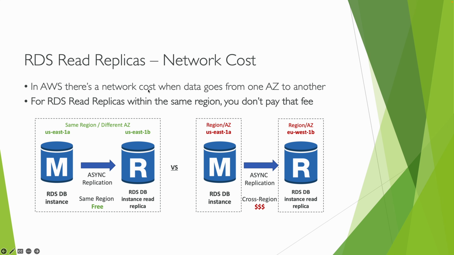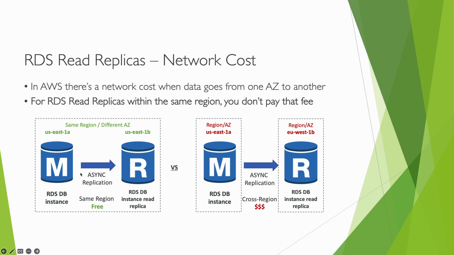Whenever there are two availability zones within the same region, for example US East 1A and US East 1B, these two availability zones are in the US East region. Replication means the data in the master is transferred to the data in the replica.